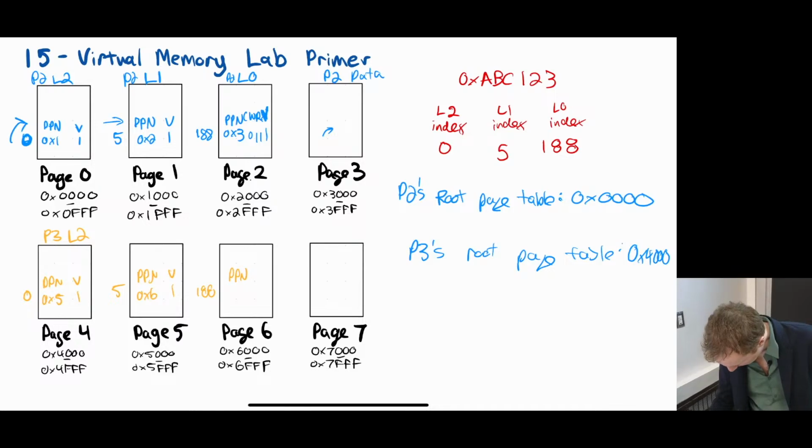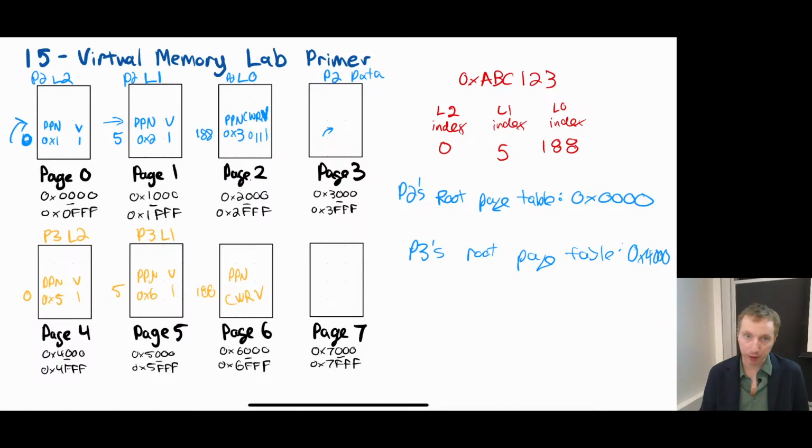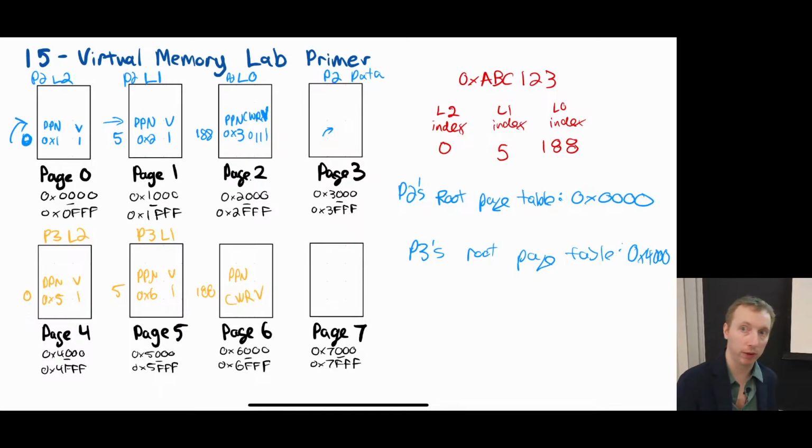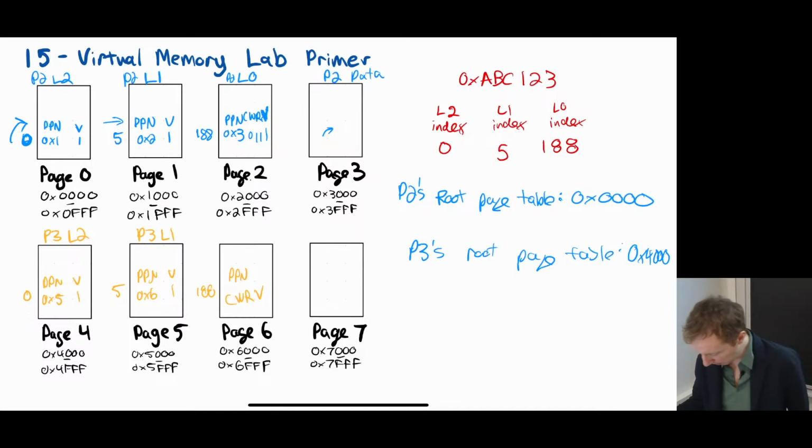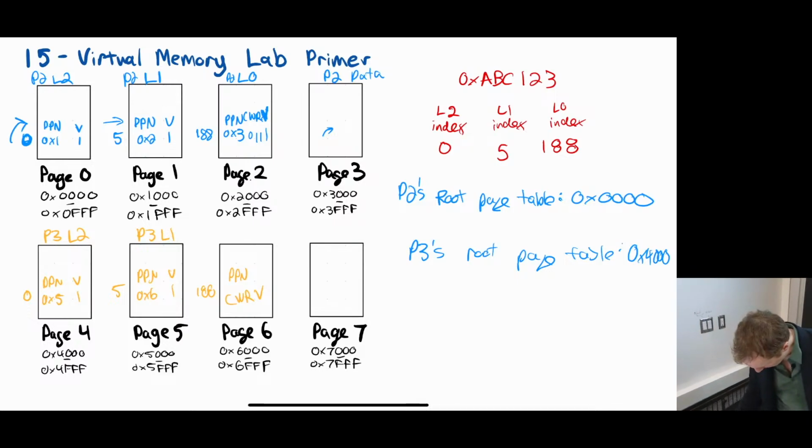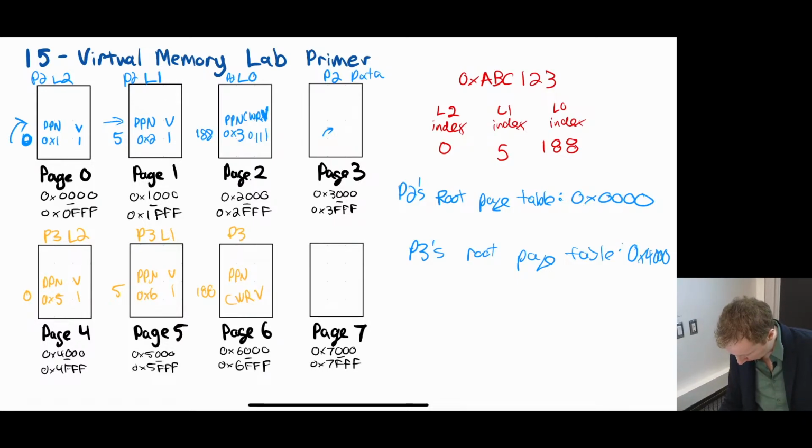And then all of the bits, so I'll just write it on 2 lines, read, write, custom, and valid. So this would be L1's. In this case, we only have 1 entry in L2, so we only have 1 L1 page table. So I don't have to draw any more, but if you had more, you would have to get new pages. So this would be P3's L0.